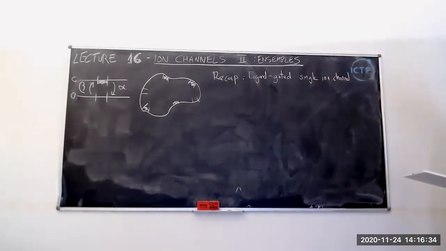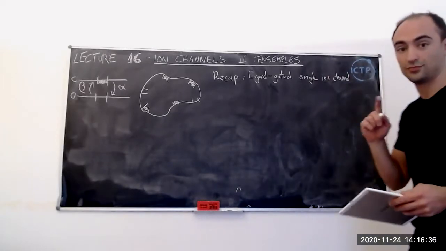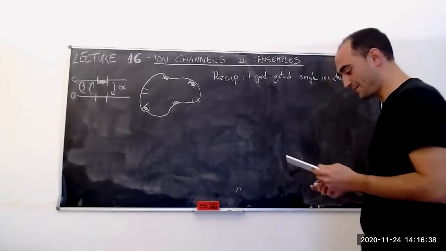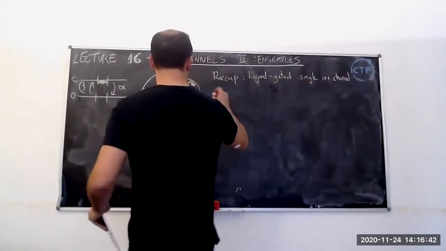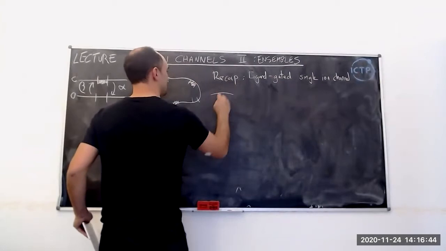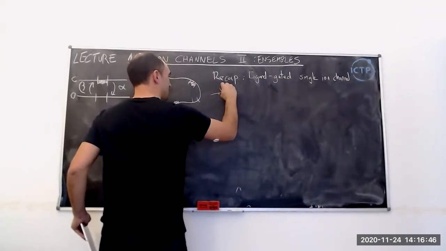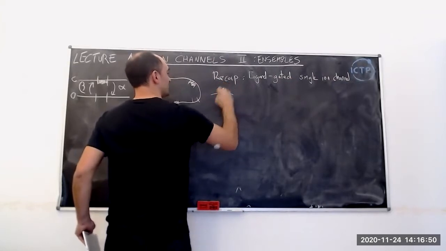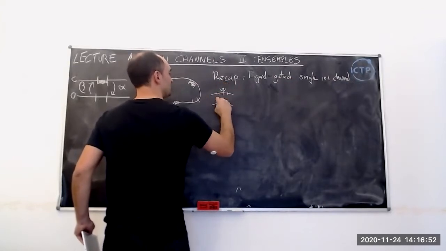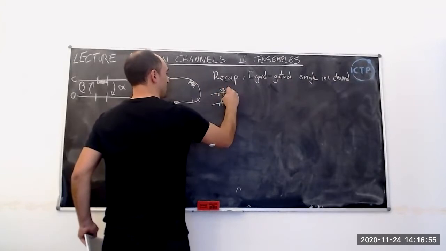We were thinking about a simple channel that can be bound to a ligand. So we're thinking about a channel that has a receptor, and the receptor can be bound or unbound, attached to the channel. Okay.